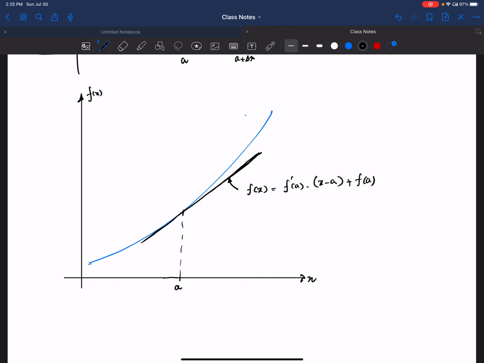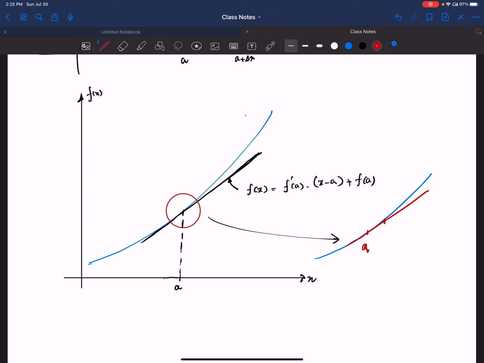In the neighborhood of x equal a, if I zoom in to that place right here, I can see that in the close proximity of that point a, the tangent line is very close to the actual function.